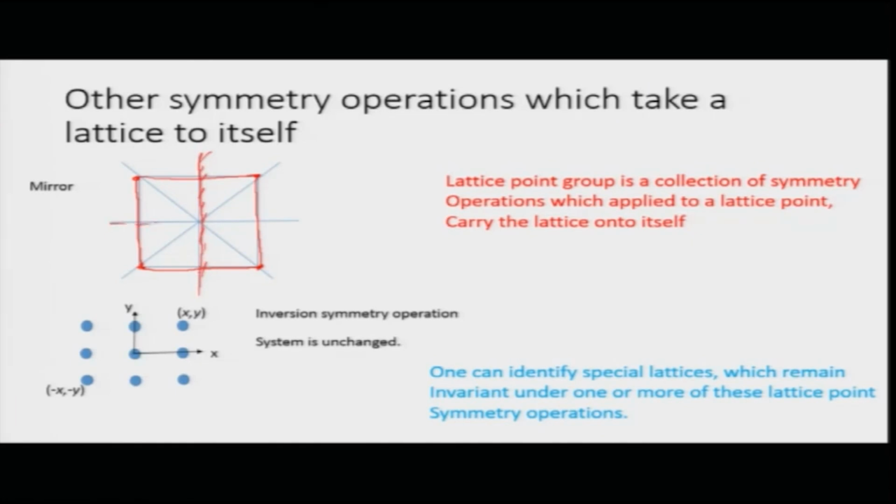Similarly, if I put a mirror along this line or along this line or along this line, all points will be taken to each other and the lattice will remain unchanged.